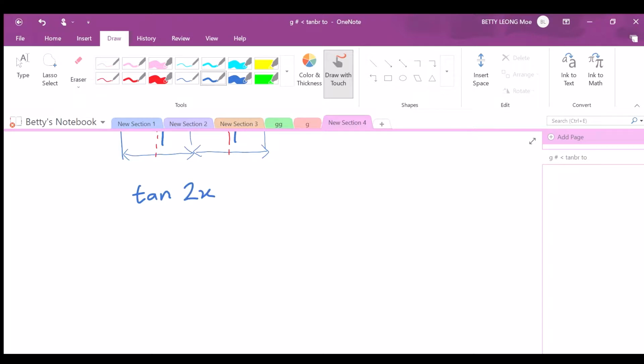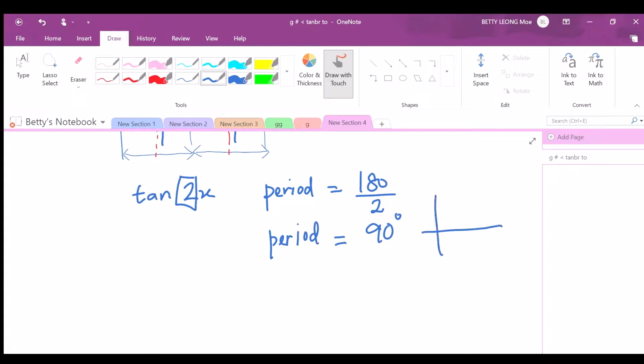Because one complete cycle is 180 for tangent, you have to divide 180 by your b, here 2. So your period is 90 degrees. So in 90 degrees, you will have one complete cycle like that.